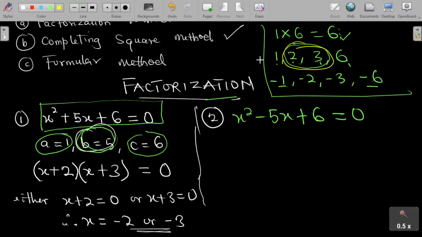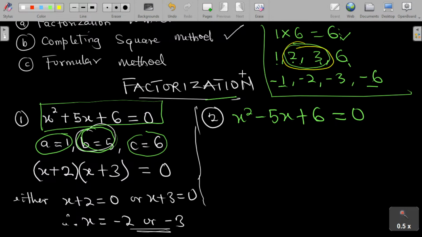For number 2, your product will still be 6. It's not even 5. It's the sum that will be -5. Okay, Angel says she understood now. Alright, beautiful. You're welcome. It is the sum that should be -5.